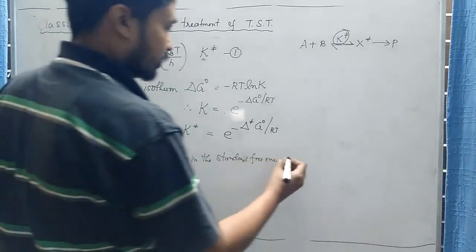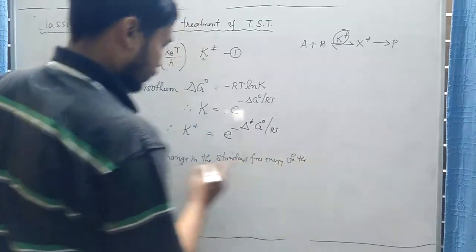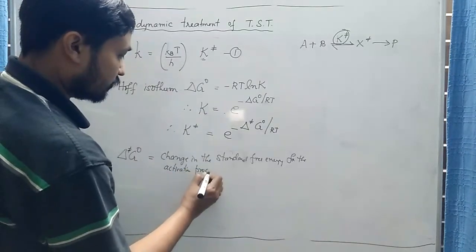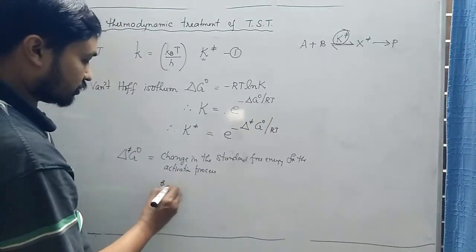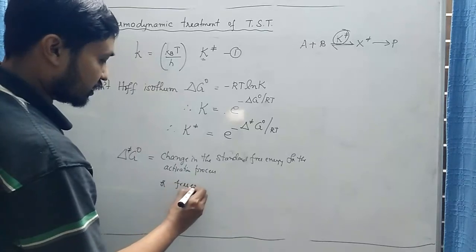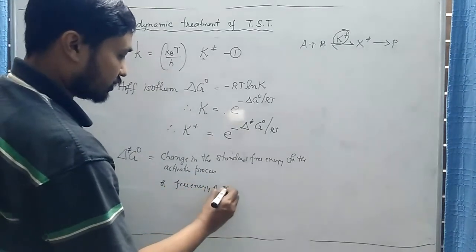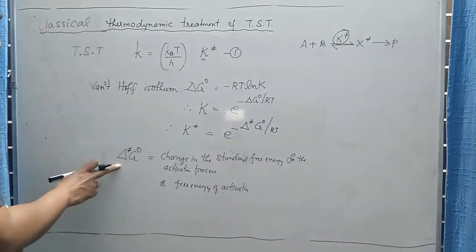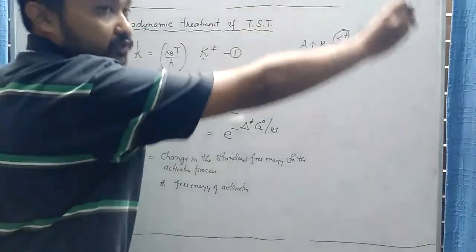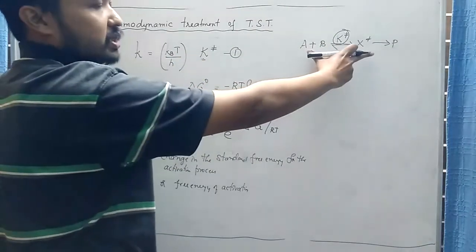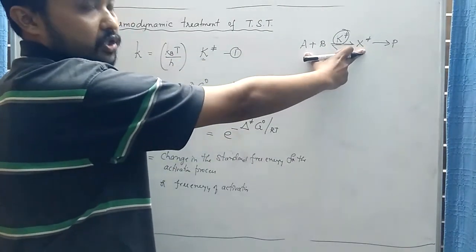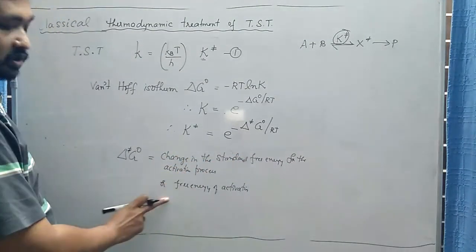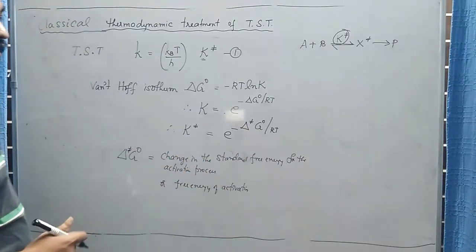So it is the change in the standard free energy for the activation process, which is called the free energy of activation. This delta G naught is not the change in the standard free energy of the entire reaction, it is only for the activation process.